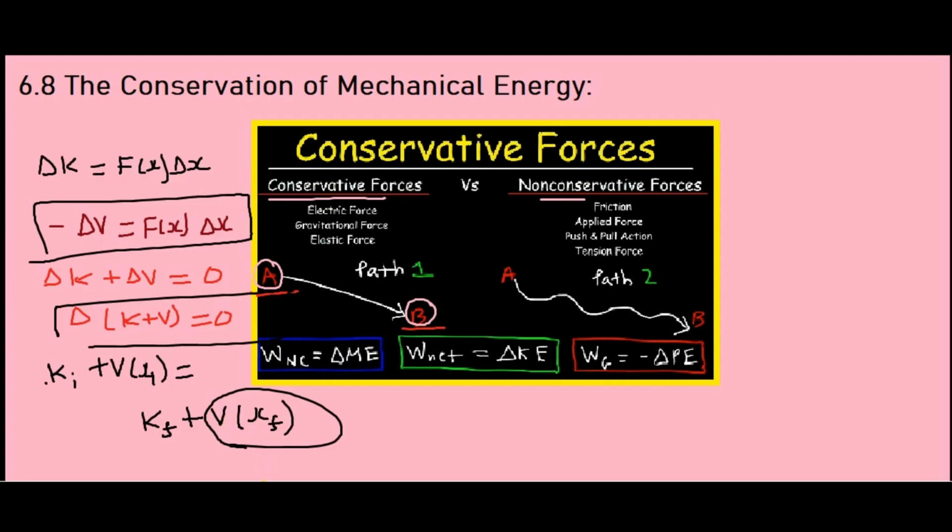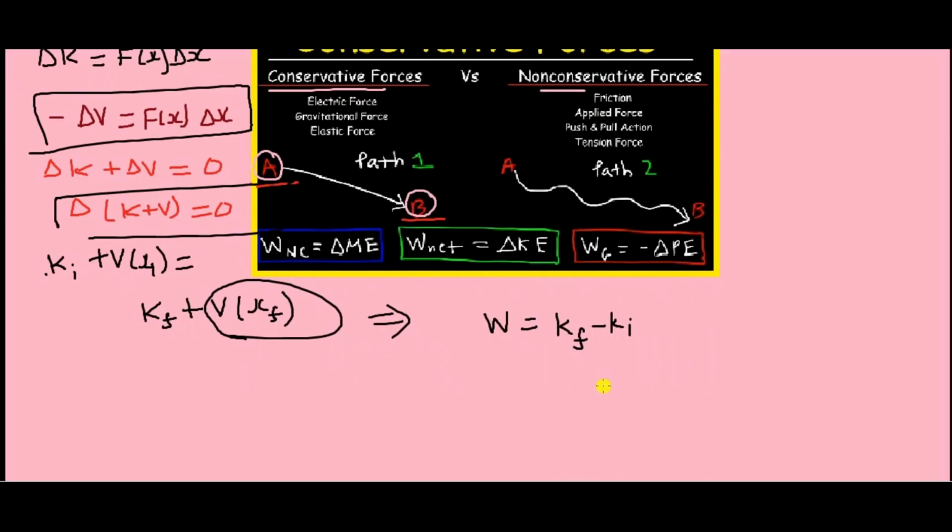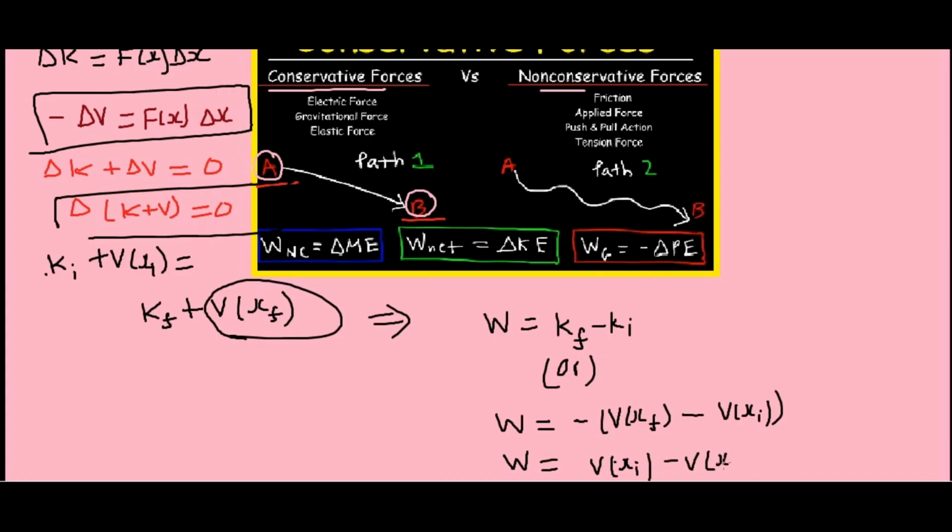The work done by the conservative force will be either the change in kinetic energy, or the negative of the change in potential energy. When writing potential energy there will be a negative sign, because initially it will be more and finally it will be less. So V of xf minus V of xi, because of the minus sign, changes into V of xi minus V of xf.